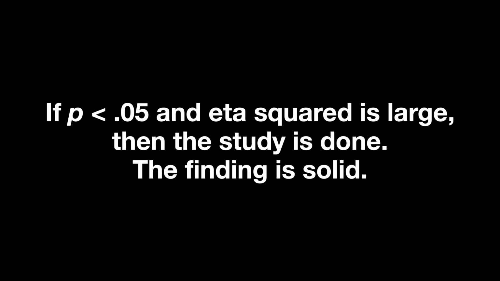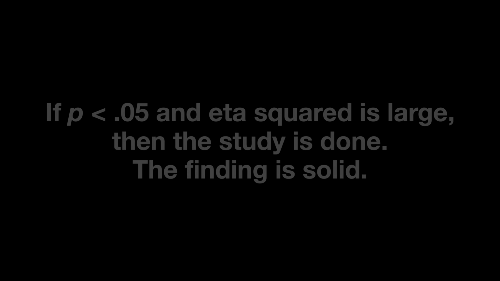Now let me name the misconception I hear most often. If p is less than 0.05 and eta squared is large, then the study is done. The finding is solid. This confuses three different things. Statistical significance tells you the effect is unlikely to be chance. Effect size tells you the effect is large.